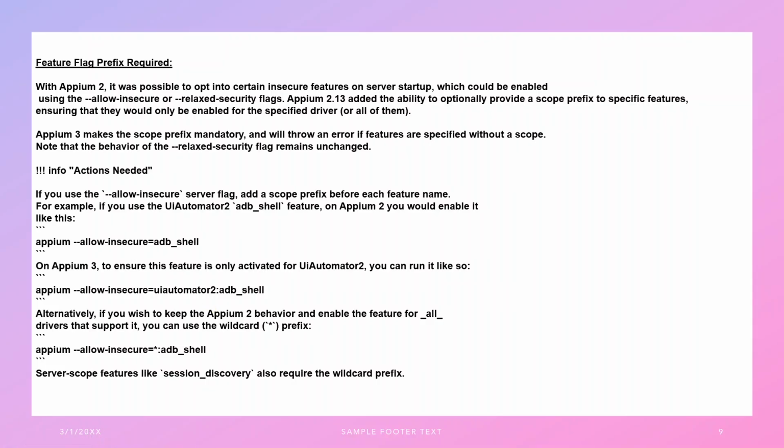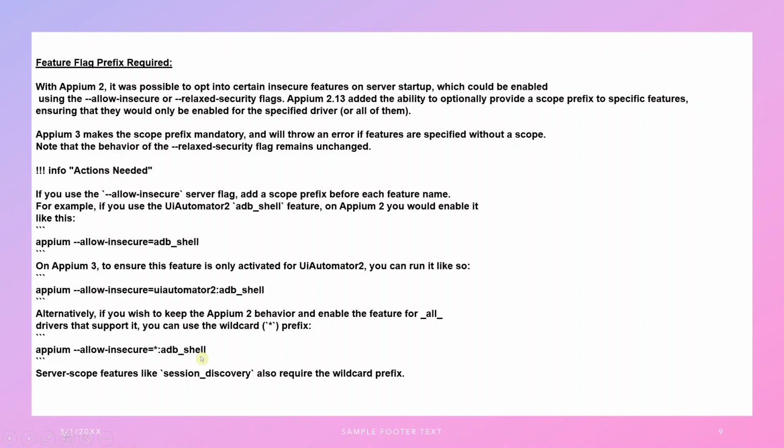Or if you do not provide the automation name, I have to use the asterisk mark, the wildcard, before the feature name. That is, I have to use the command appium --allow-insecure equal to uiautomator2 colon adb_shell, or I can use appium --allow-insecure equal to asterisk colon adb_shell.